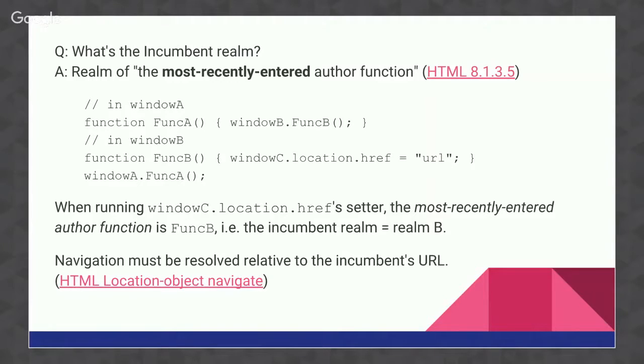And the spec says navigation must be resolved relative to the incumbent realm. So in this case, window B's URL should be used to interpret that URL string.